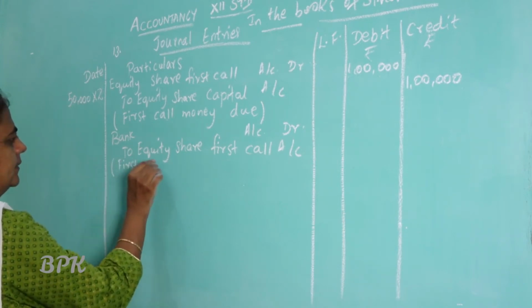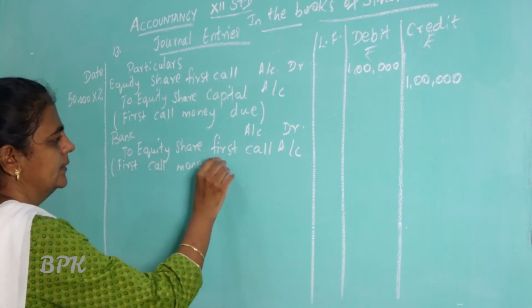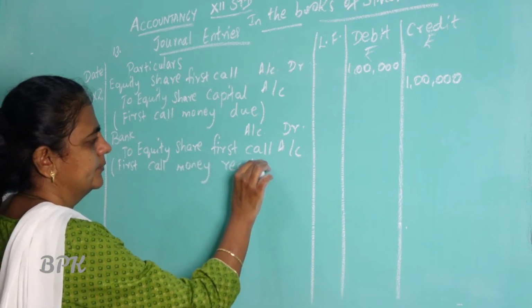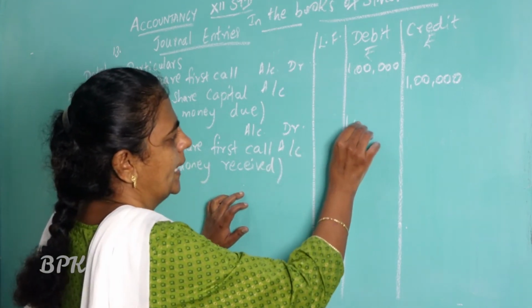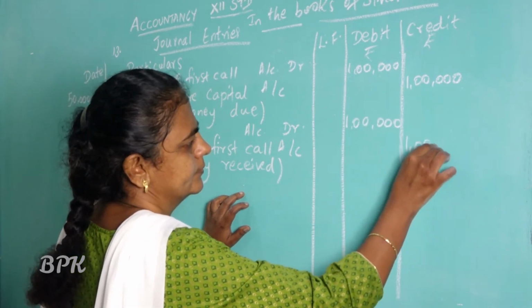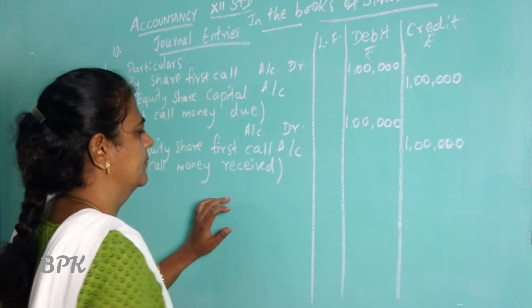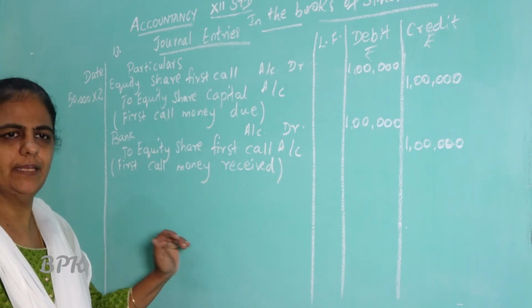First call money received. First call money 1 lakh. Next, what you have to write? Second and final call money due.